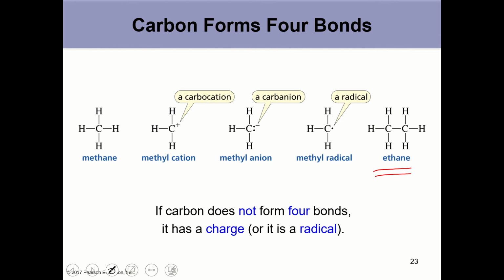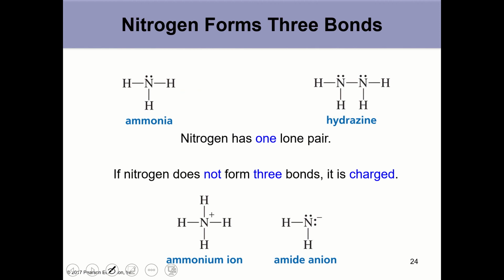Okay, so when you draw a structure, from the information that you're given, you have to be able to create a valid Lewis structure. Nitrogen prefers to form 3 bonds, 5 valence electrons plus 3 bonds gives it an octet.